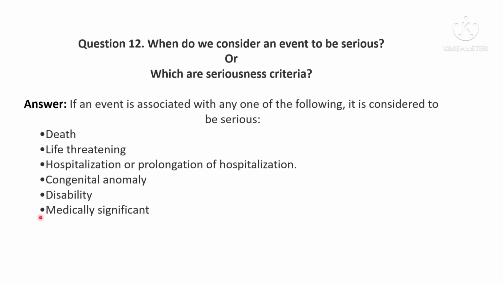Death is obviously serious. Life threatening is also serious. If the patient gets hospitalization after taking the drug, the event becomes serious. If congenital anomaly, the event becomes serious. Disability, the event becomes serious. And medically significant, this is also a serious event we will consider if reported. If none of these are reported, then we can consider it non-serious. Moving to the next question.